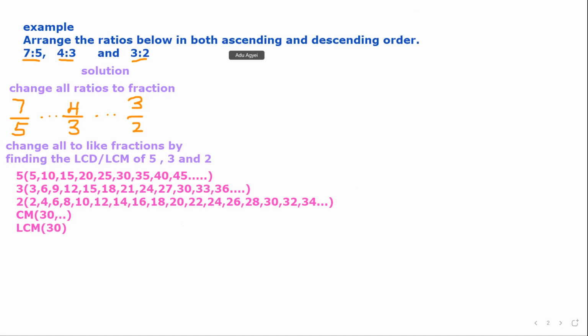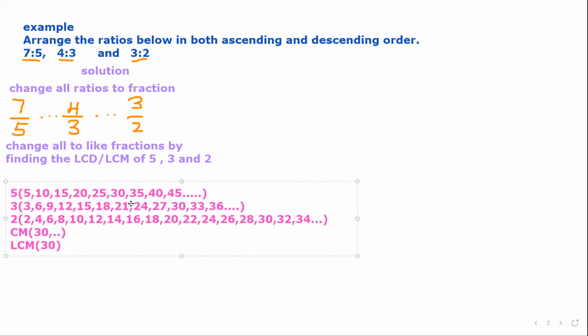So this method here is the multiples method.